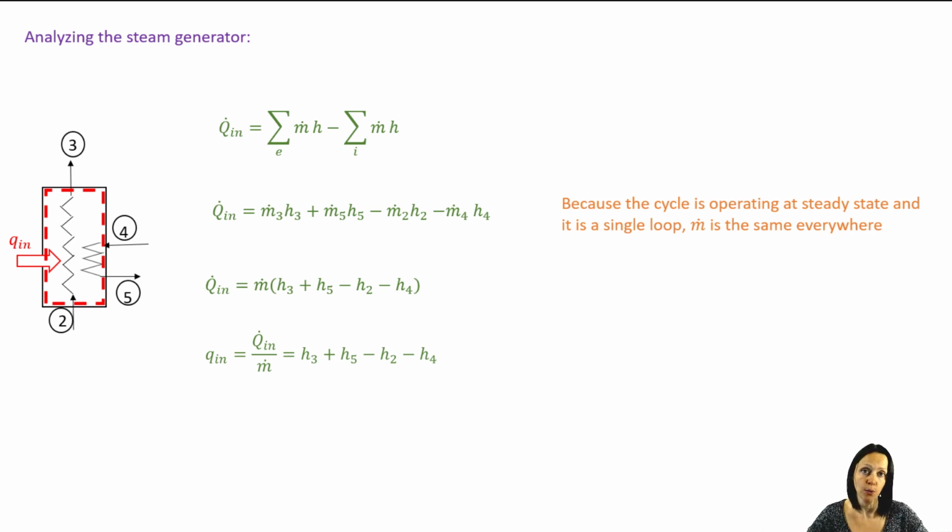So a Rankine cycle with reheat does require an additional Q in, but the increase in the work net out more than compensates for that. And so the overall effect is an increase in thermal efficiency.